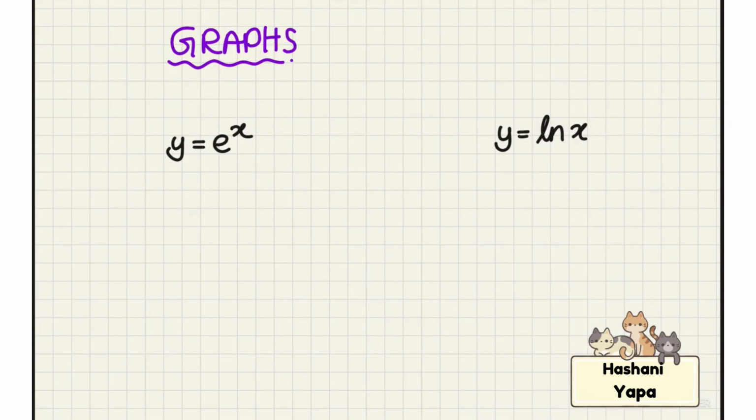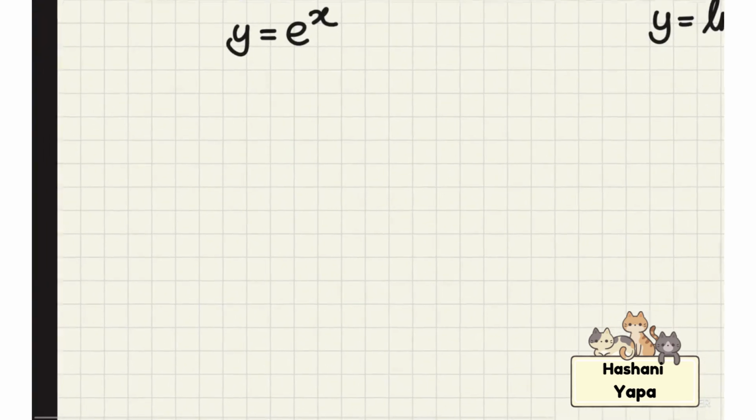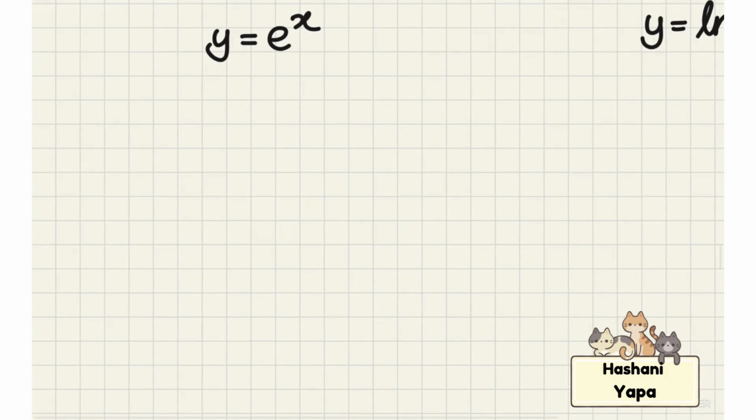Okay, now how about if we draw the graphs y equals e to the power x and y equals ln x? What will they look like? So let's start with y equals e to the power x. Now you have already done this in AS. So let's just find the coordinates first.